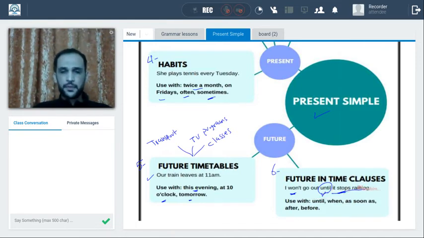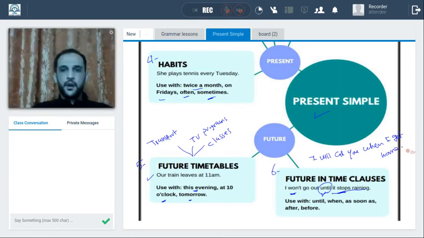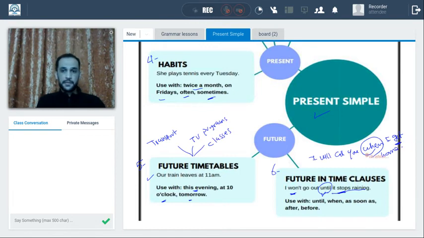Another example, when I say, I will call you when I get home. After when, I use the present simple, and before it, I can use the future, as you can see in this example.